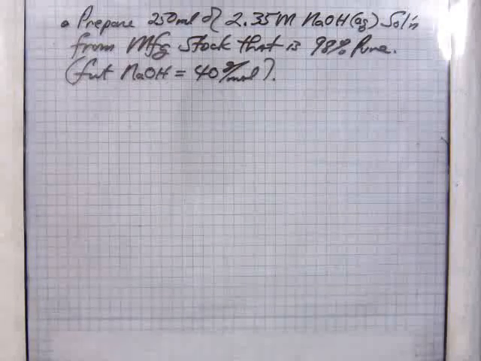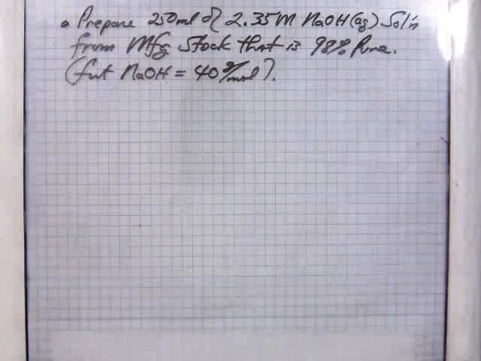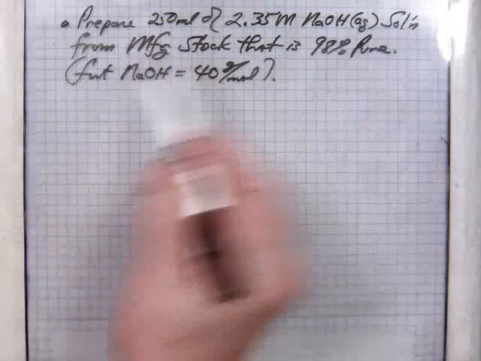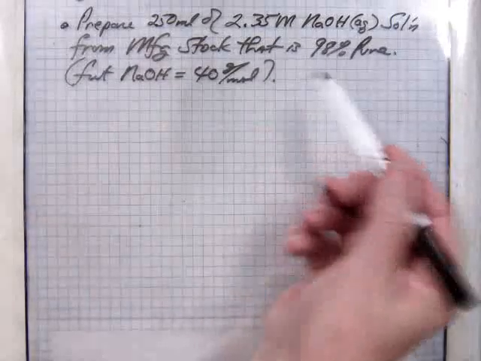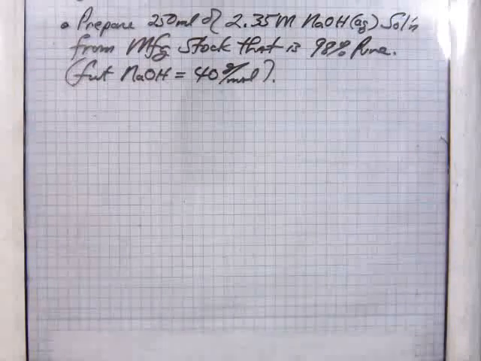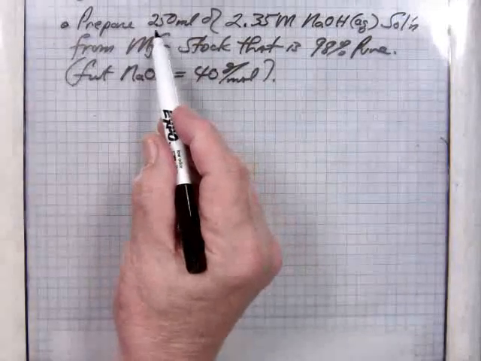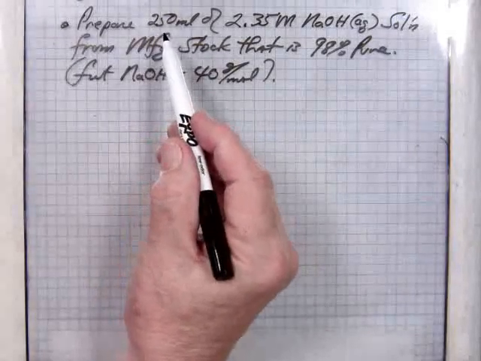So, starting with this as an objective, how do we go about it? How much of the sodium hydroxide do I need to extract from the manufactured solid, transfer to the container, and you add solvent up to, but not to exceed, 250 milliliters.